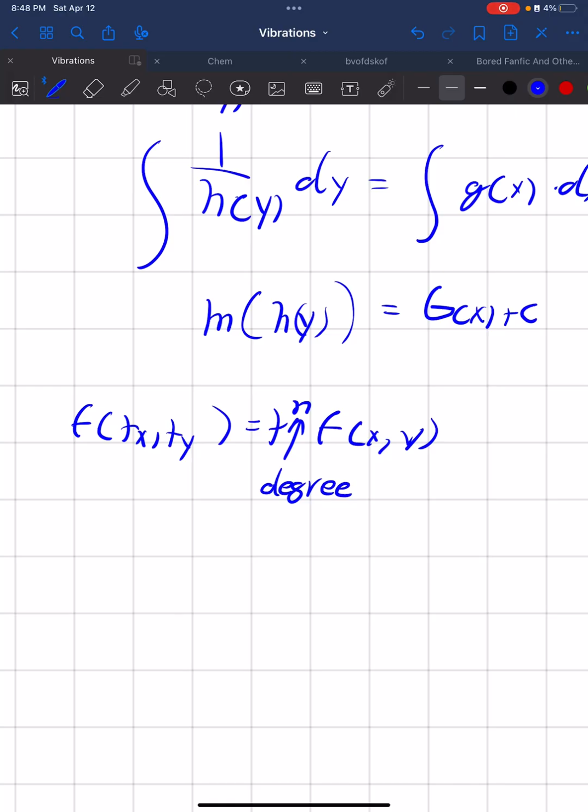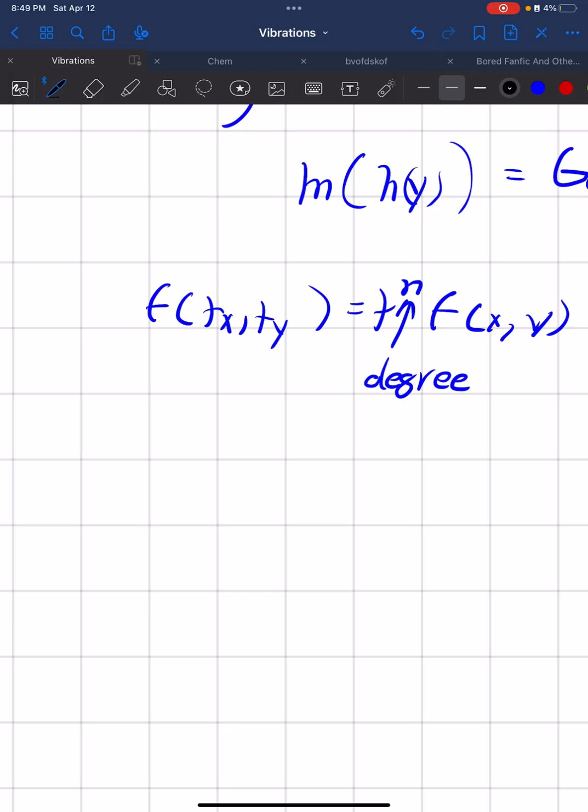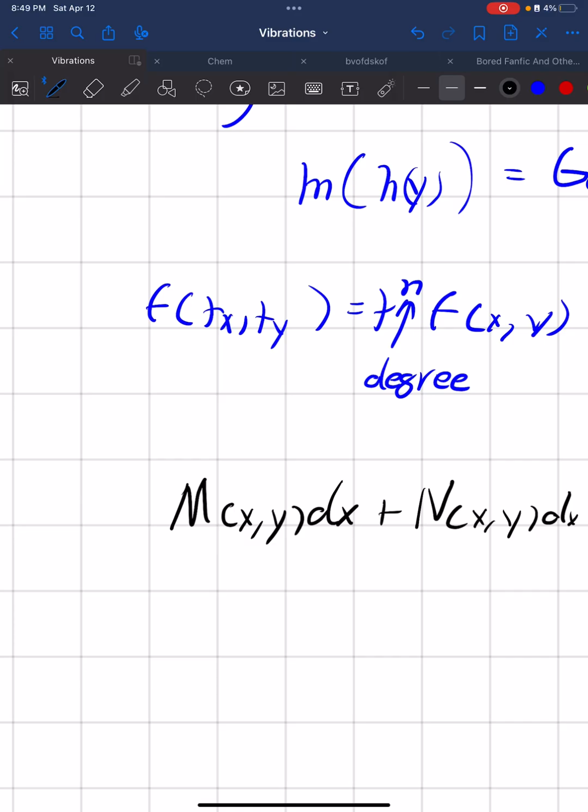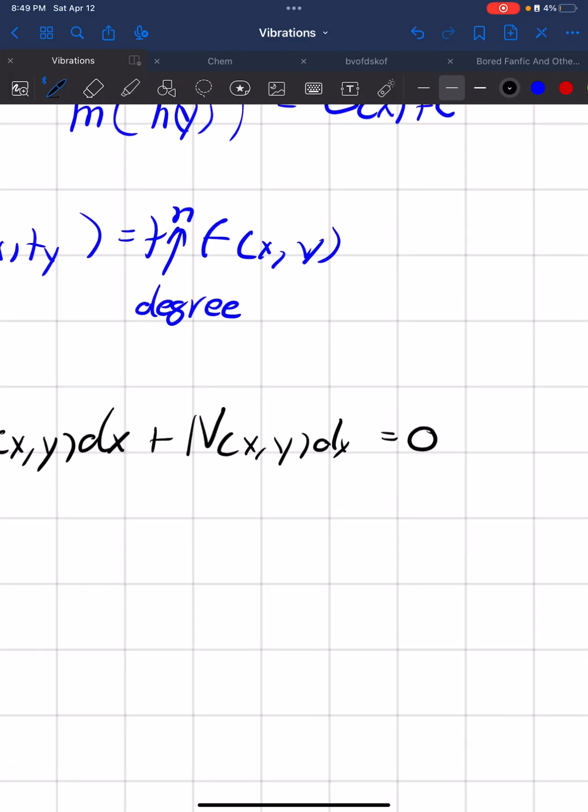So the process for solving zero order homogeneous functions is a very, very specific case. And it has to be a separable zeroth order homogeneous function. So you'll typically confront an ODE in this form. It will be a function of m of x, y, dx plus n of x, y, dy equals 0.